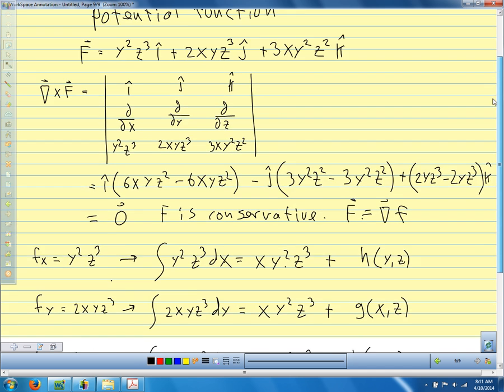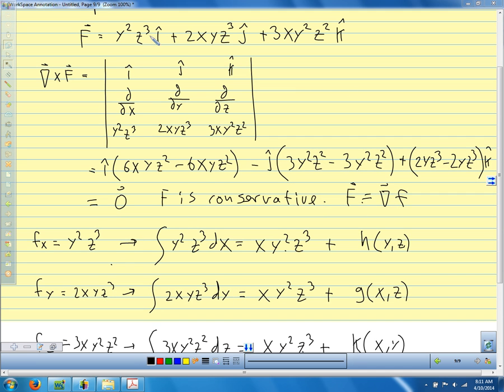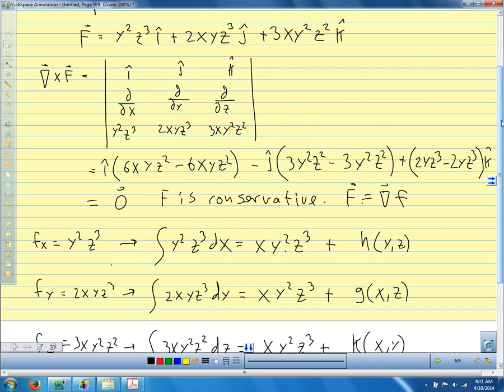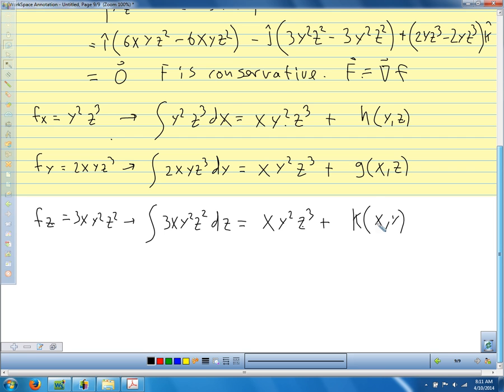Now because none of our components have any additional terms, we don't have a plus anything, we don't have anything else going on with each of these, the M, N, and P. I don't have a plus 1, I don't have anything else that I have to take into account. That tells me that my constants of integration are just scalar constants. So f equals xy squared z cubed plus, and I'll use c, some scalar constant.